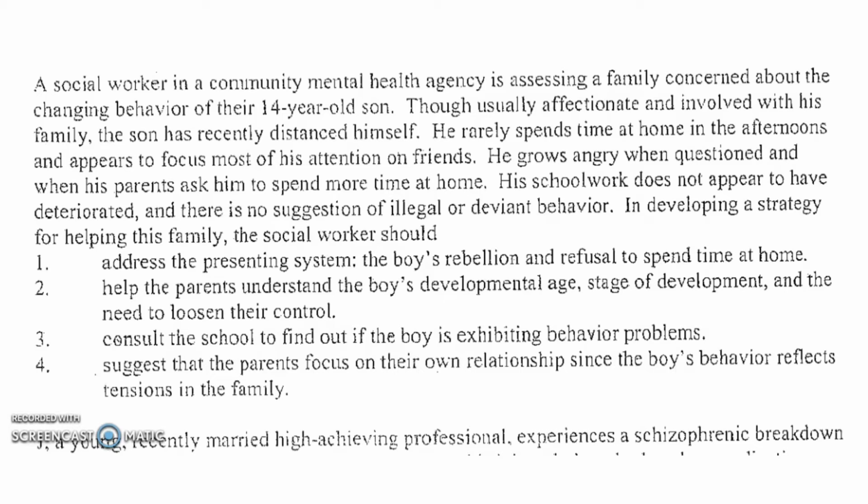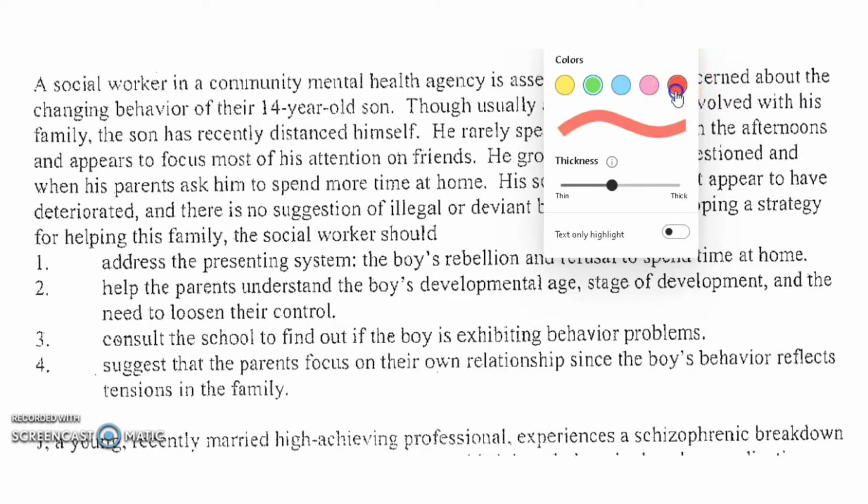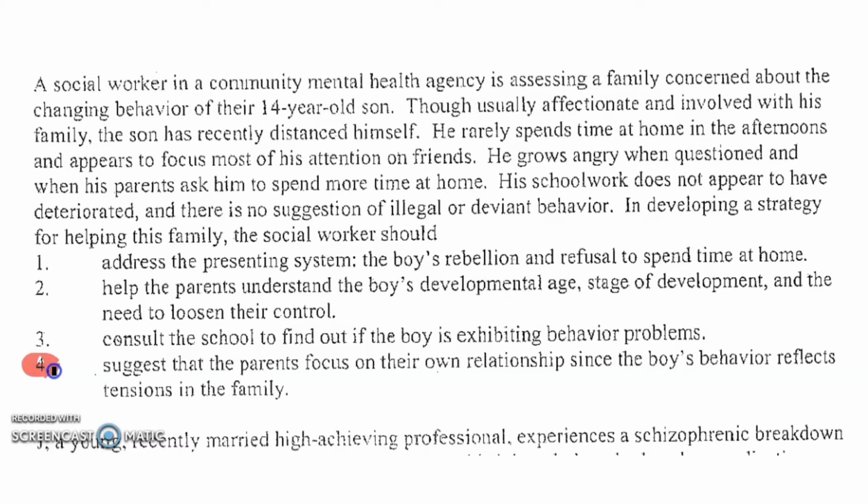So let's do the process of elimination. Let's get rid of some, our top two. Suggest that the family focus on their own relationship since the boy's behavior reflects the tension in the family. Well, there's nothing in the stem that says there's a problem with the parents, and it didn't say anything about there being any kind of tension in the family.